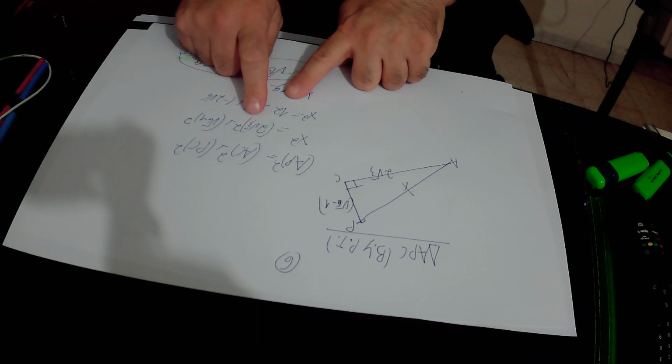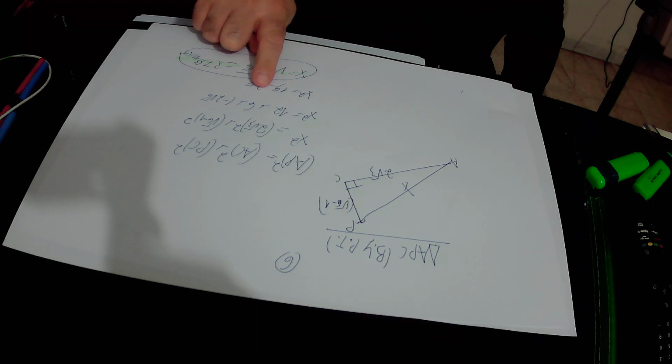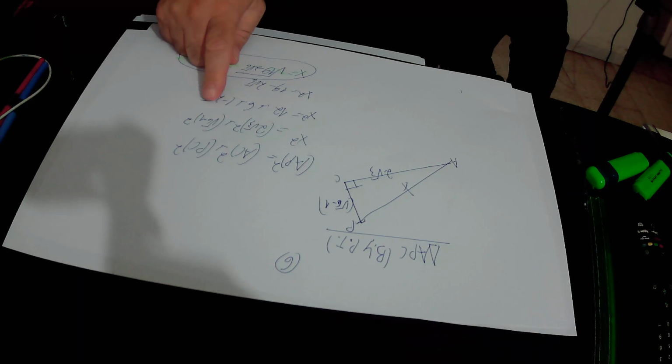So in total this expression equals 12 plus (square root of 6 minus 1) squared. We open the brackets according to the rule that (a minus b) squared equals a squared plus b squared minus 2ab. Here a is square root of 6, b is 1.